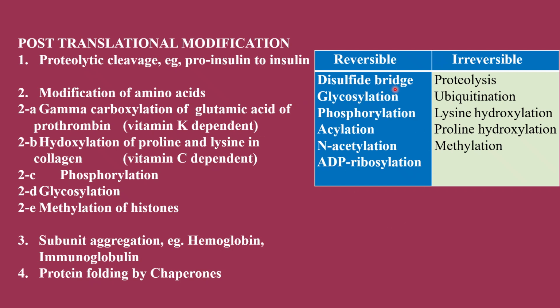Few are reversible processes and few are irreversible. Disulfide bridge formation, glycosylation, phosphorylation, acylation, N-acylation, acetylation, ADP ribosylation, all these are reversible processes. While proteolysis, ubiquitination, lysine hydroxylation, proline hydroxylation, methylation, all these processes are irreversible.